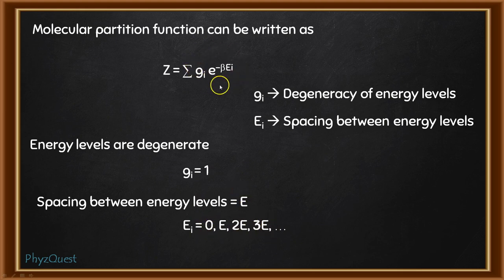So we have to expand this term, put these values and write the expanded term. When we write it, Z is equal to 1 plus e to the power minus beta E plus e to the power minus 2 beta E plus e to the power minus 3 beta E and so on. Now this is a continuous expression.